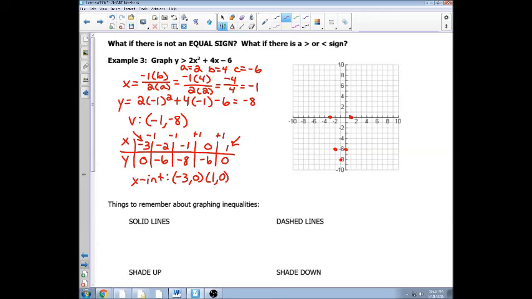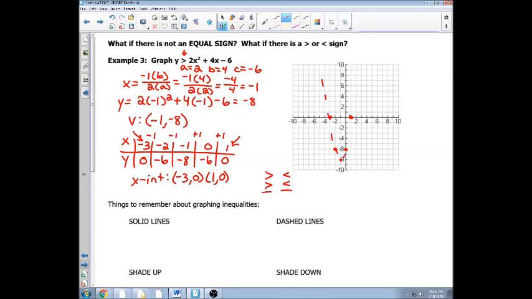Okay? What I'm looking at is this inequality sign. Right now, it's just a greater than sign. You have greater than, and you have greater than or equal to. You also have less than or less than and equal to. If it's just the greater than sign, so there's no bar underneath, what we are going to do is turn this into a dashed line.